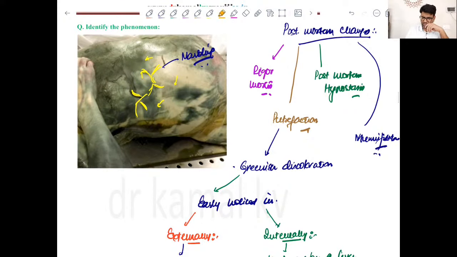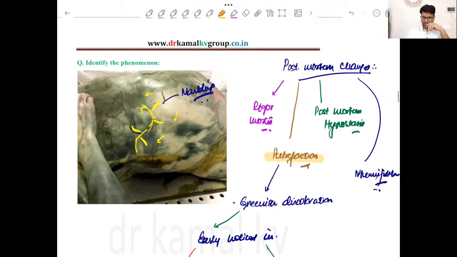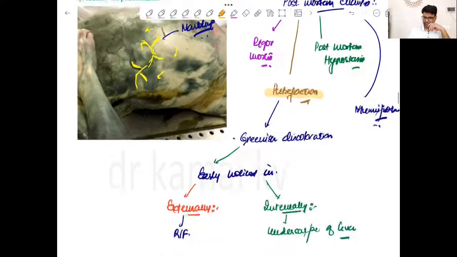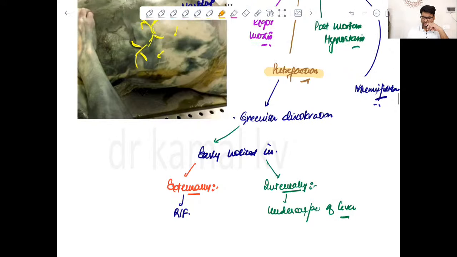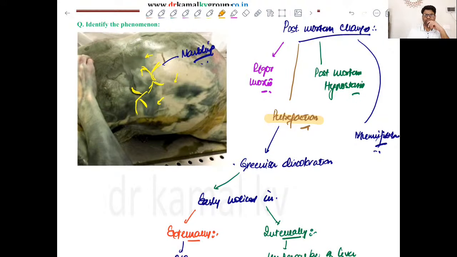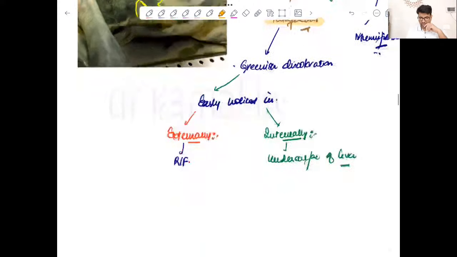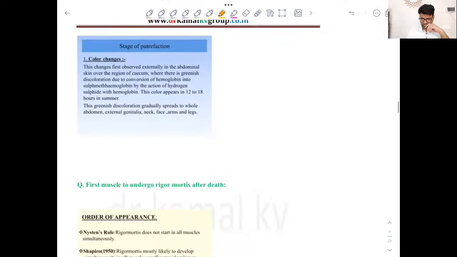So this is putrefaction which is being shown in the image, and in simpler words we call it decomposition. Rigor mortis is post-mortem stiffening, in post-mortem hypostasis there is pooling of blood over the dependent parts, and in mummification there is drying or desiccation of the body with preservation of the body features.